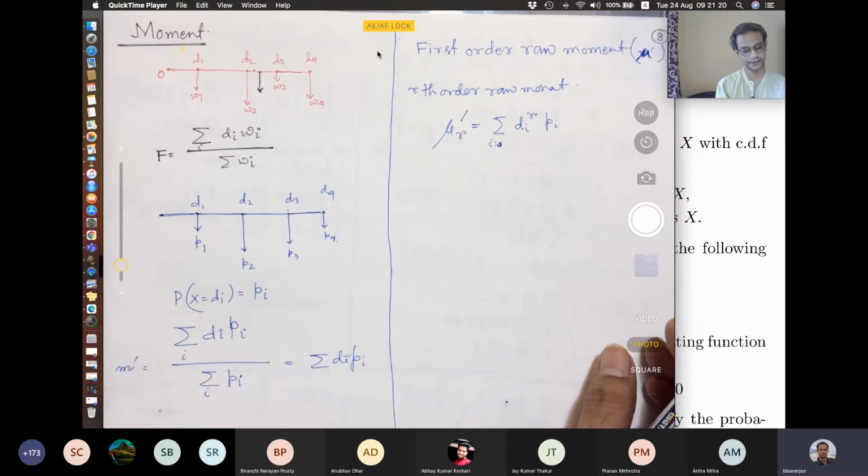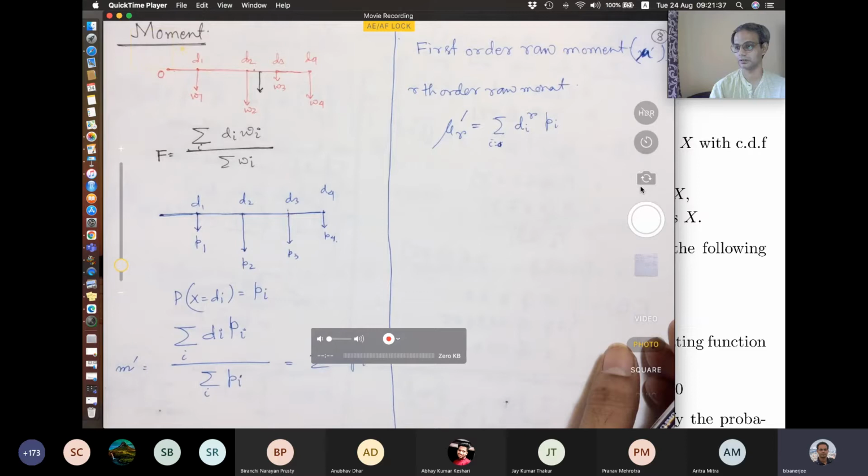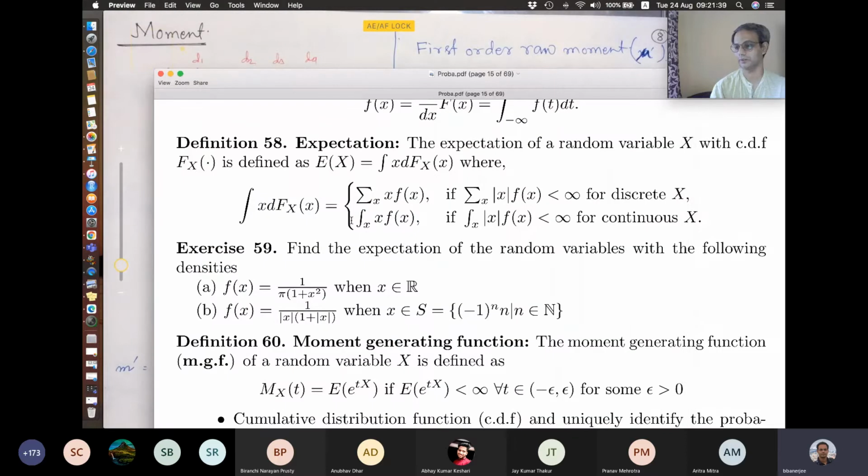Let me give you the definition first, and then you will realize why I am talking about technical difficulty. This moment can be generalized: we have defined the first order raw moment, and then we can talk of any rth order raw moment.